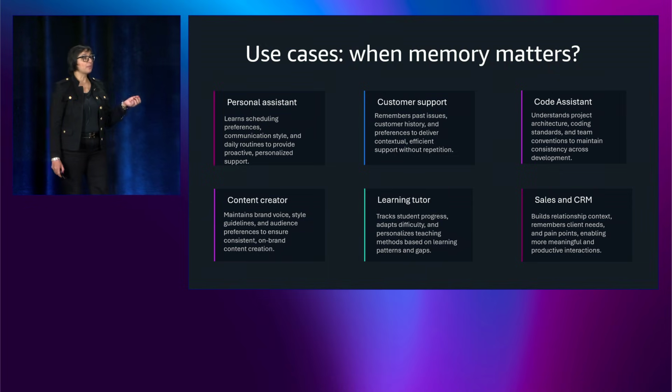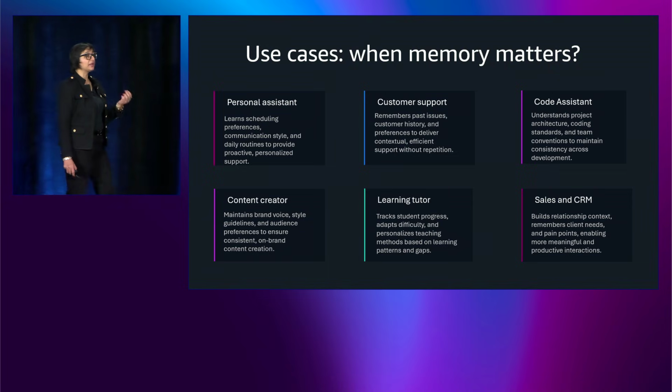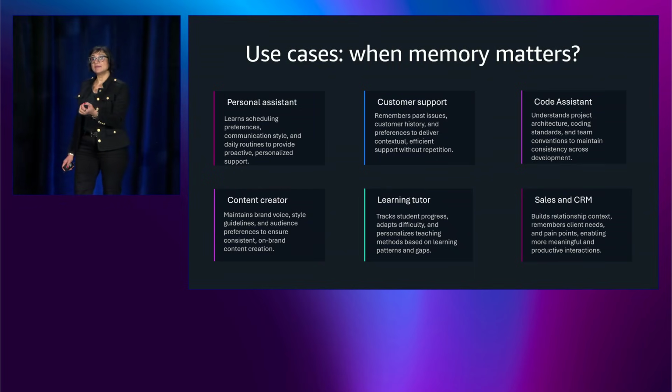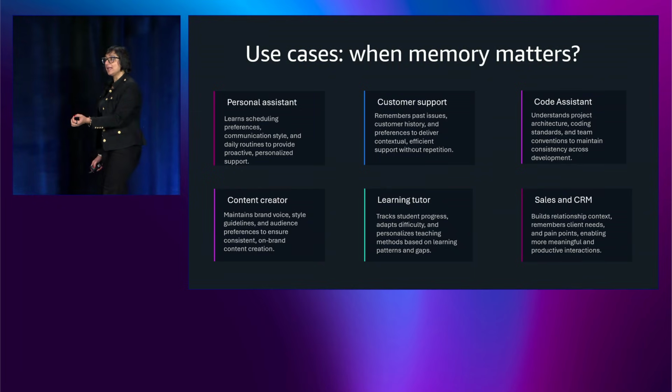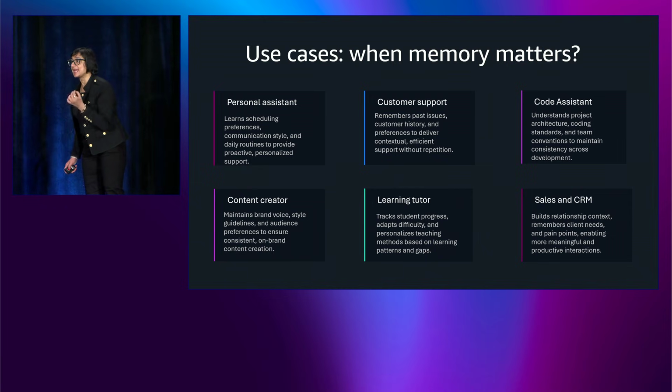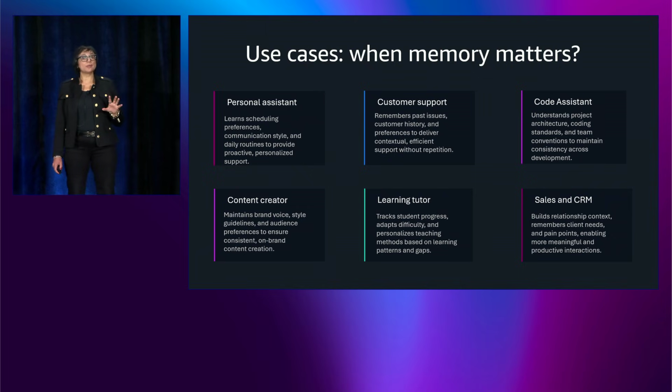So memory becomes important because that shows how much you care about your customers, because you are remembering their preferences. You are not just giving them accurate and reliable help, but also remembering them. That's the thing that you want to give to your customers. Also, whenever you're building an agentic application, think about not just accuracy and relevancy, which are absolute must-haves, but also think about your customer experience.